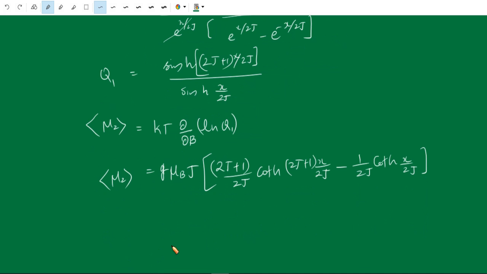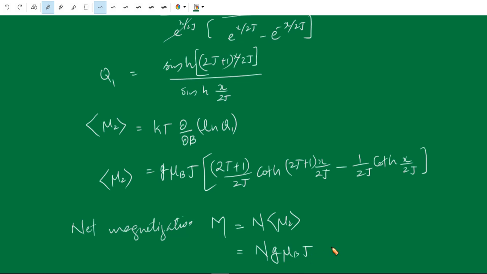Therefore the net magnetization M is equal to N mu z, which is equal to N g mu B into j into [(2j plus 1) divided by 2j coth of (2j plus 1) by 2j into x, minus 1 by 2j coth of x by 2j].